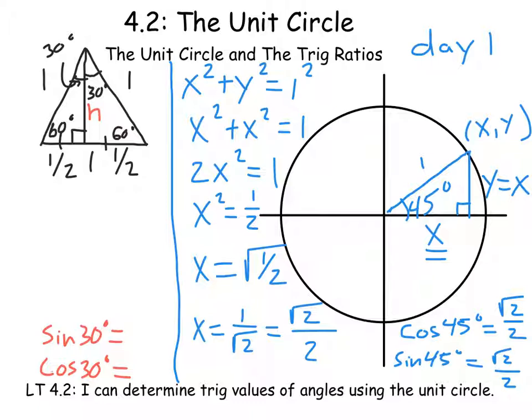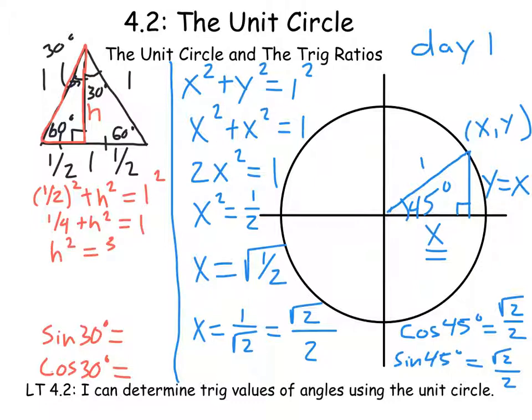Now I'm going to use the Pythagorean theorem again, and really the triangle I'm going to focus on is right here, because I've got two of the three sides. So I use the Pythagorean theorem again. I get 1/2 squared plus h squared equals 1 squared, which is really 1/4 plus h squared equals 1.